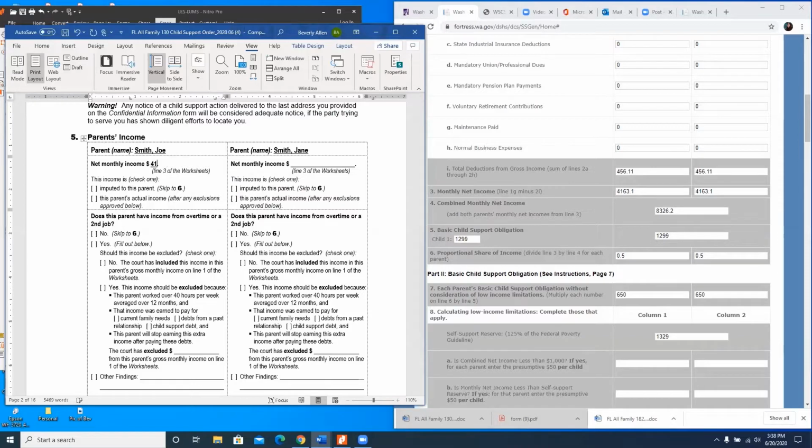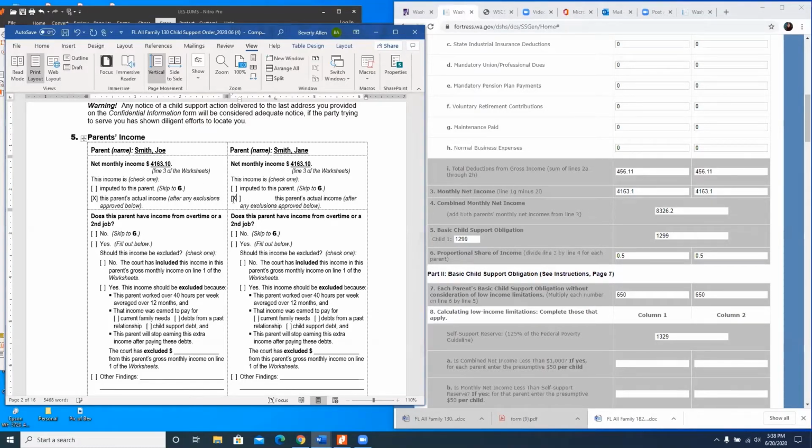So we put that here, 4163. All right, so in this case, this was based on an actual pay stub. So it's the parent's actual income.